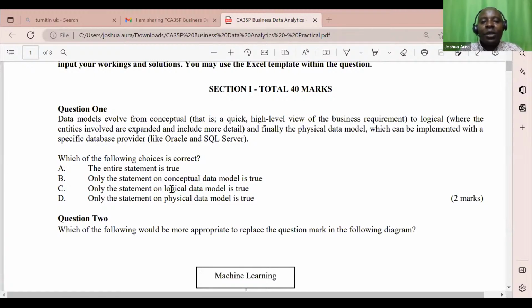C, only the statement on the logical data model is true, where the entities involved are now expanded and include more detail, or is it D, only the statement on the physical data model is true? So which one would you have taken, ladies and gentlemen, for me to be able to mark this?